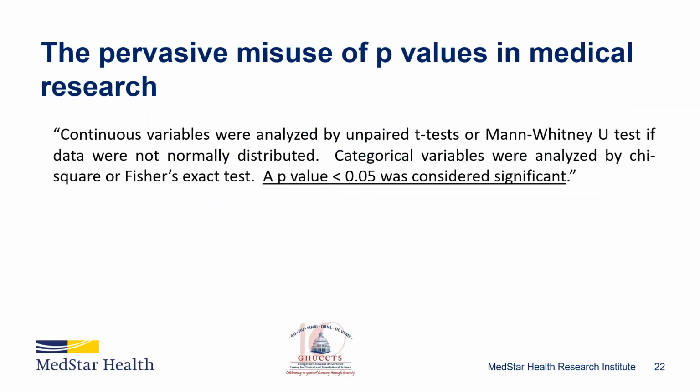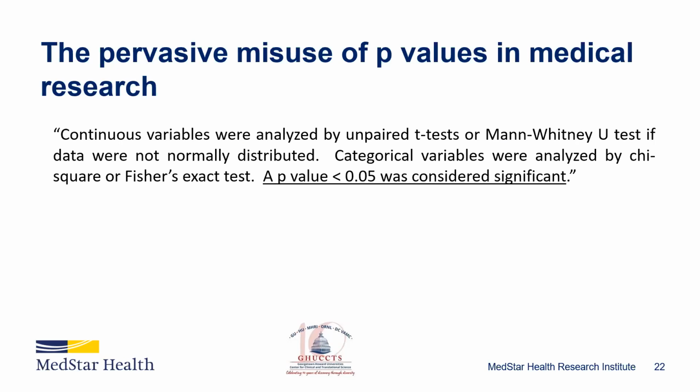What I'd like to focus on now is how p-values are misused in the medical research literature. I've taken this out of a study that was done a few years ago, and this is their statistical methods. Continuous variables were analyzed by unpaired t-test or Mann-Whitney U-test.